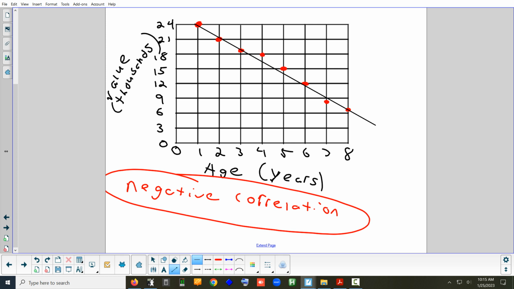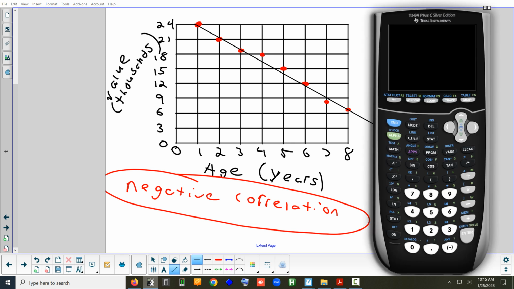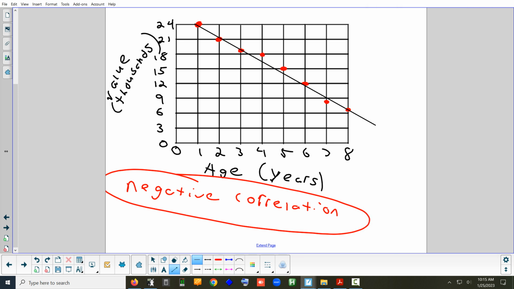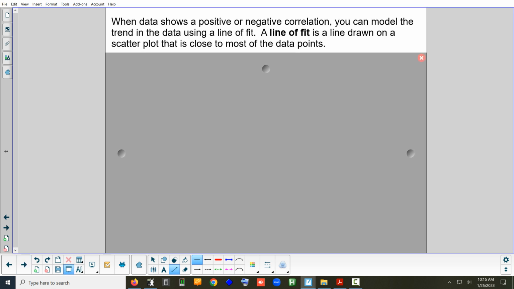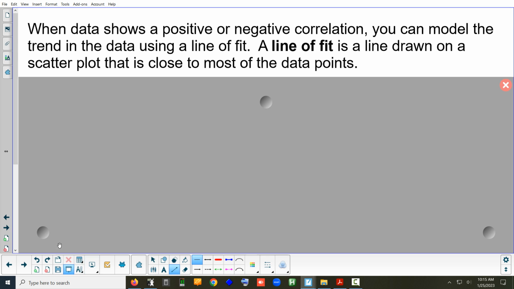I want to use the calculator and this data to get me the most perfect line possible, not an estimate by me. I want to know what would be the best slope of this line that I could have and the best y-intercept. And that's what we're going to talk about next.